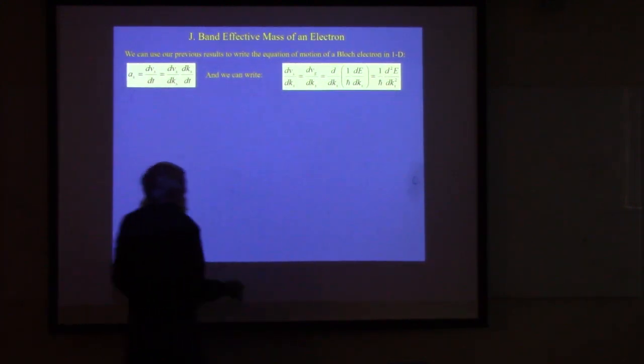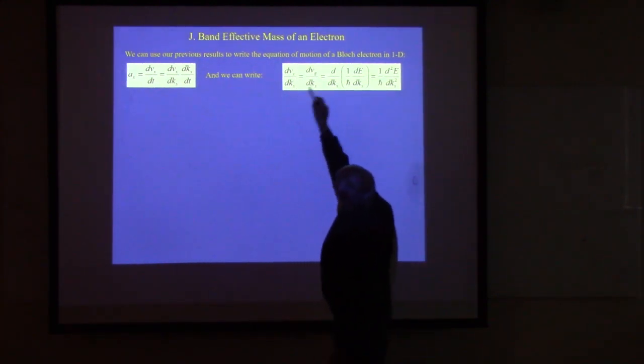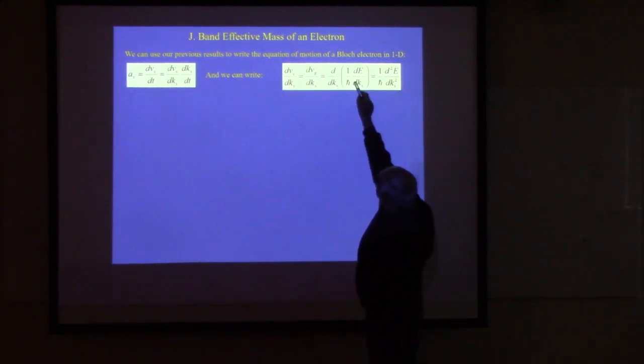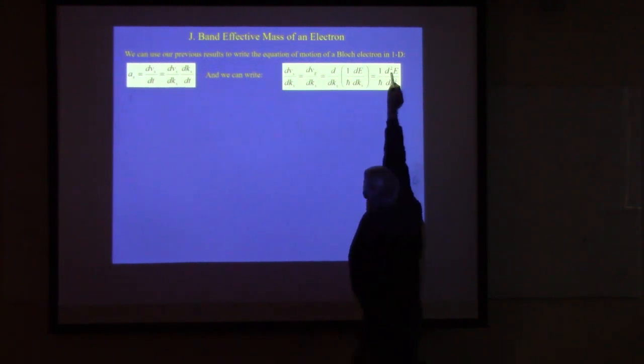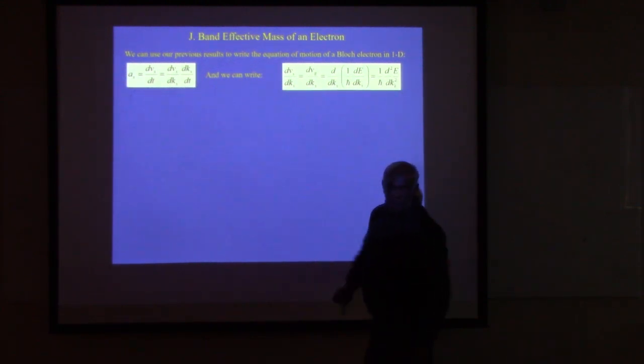To get this part, we can write dv over dk as d over dk times Vg, that's the definition of this one. If you do this one, I'll get 1 over h cross d squared E over dk squared.